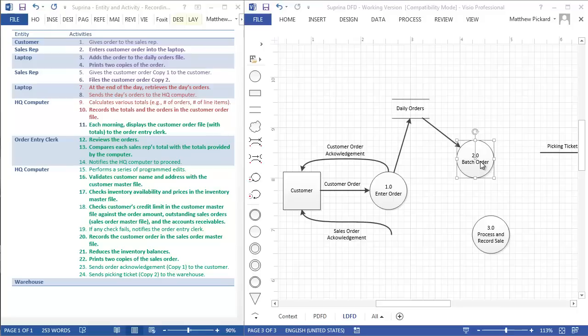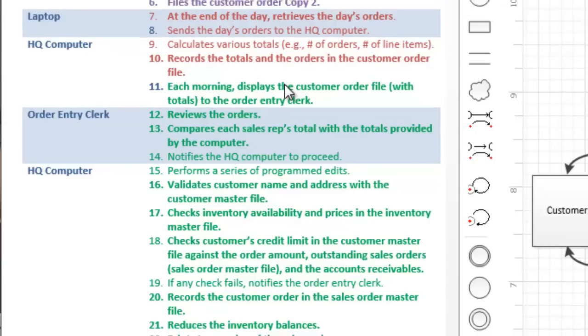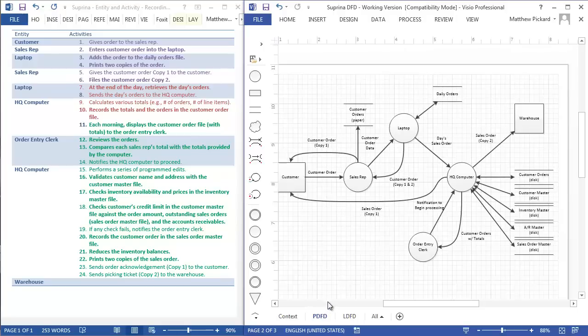Now inside this batch order process, there's some sub-processes. It calculates various totals, records the totals and orders in the customer order file. So we need to show it interacting with the customer order file. So we'll go over here to the physical data flow diagram.